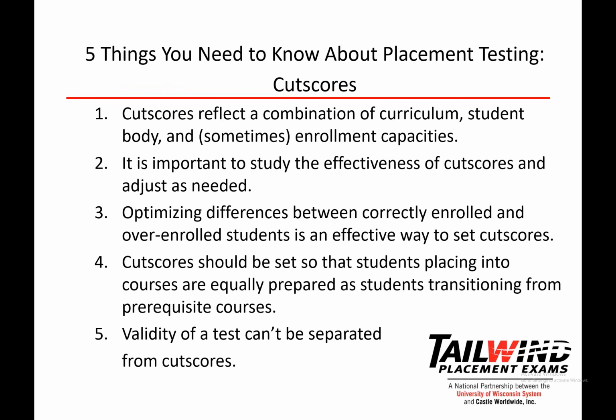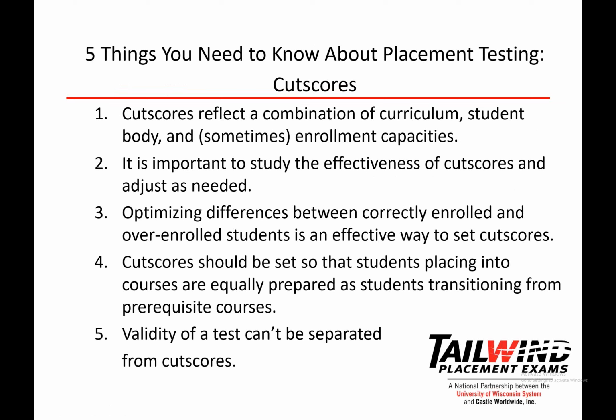But usually we do that because we're paying for this new placement instrument, and so we want to immediately start using it. But if you're in a situation where you're developing your own, the best thing that you can do is administer it and not use it for a year.